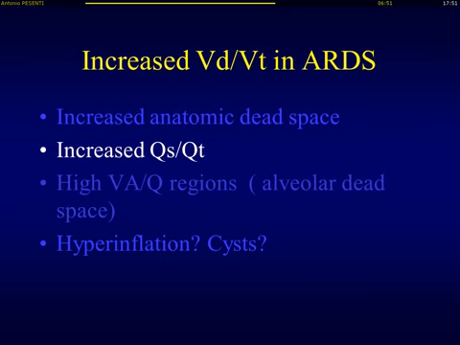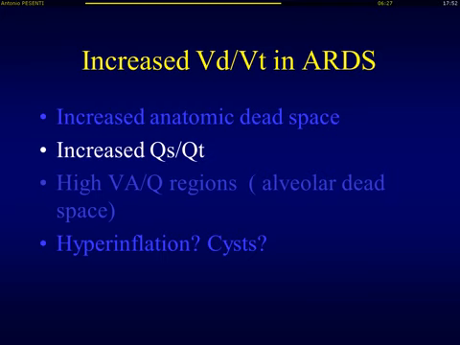Because if one of my lungs is ventilated but not perfused, all the ventilation goes to the other side. And it will not be enough, the ventilation I had before.